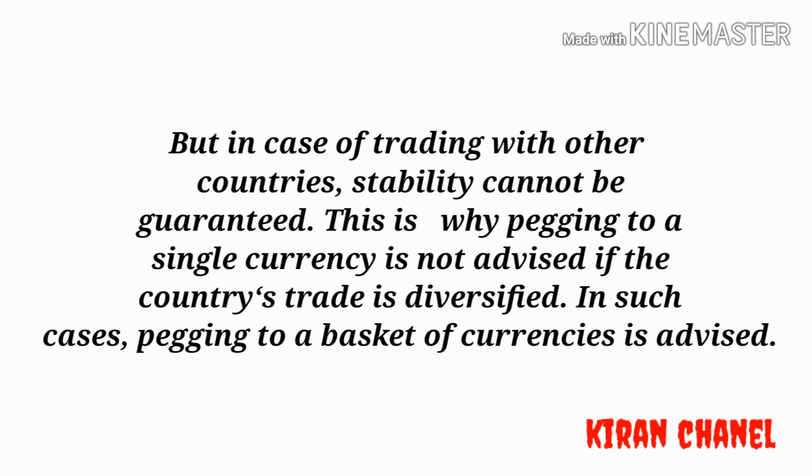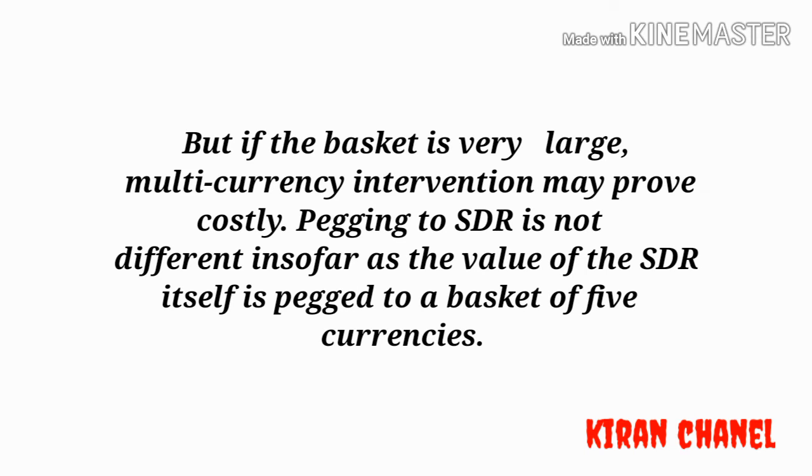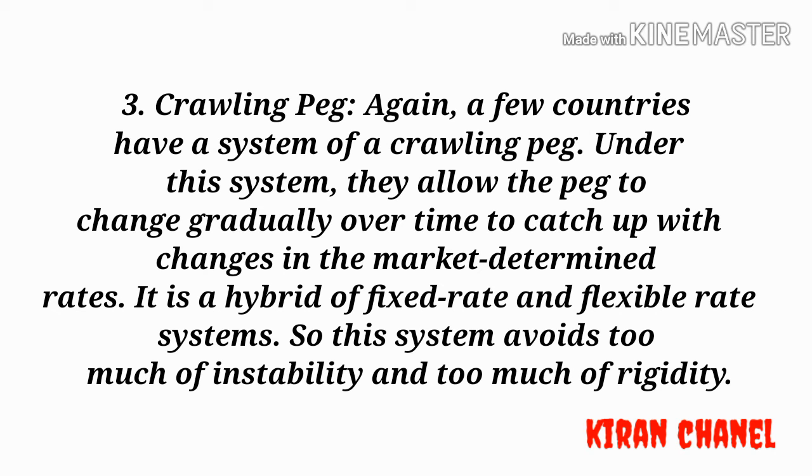This is why hedging to a single currency is not advised if the country's trade is diversified. In such cases, hedging to a basket of currencies is advised. But if the basket is very large, multi-currency intervention may prove costly. Hedging to SDR is not different insofar as the value of the SDR itself is hedged to a basket of 5 currencies.